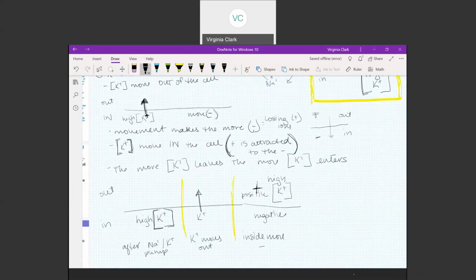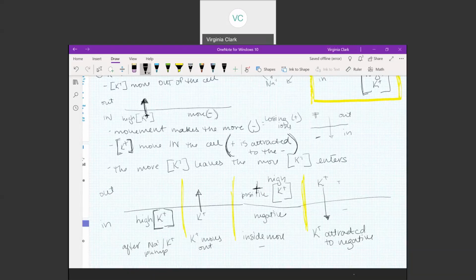What then happens is our potassium is attracted to that negative. So your potassium will move into the cell from the positive to the negative. Potassium will move out down its concentration gradient, creating a positive-negative imbalance.